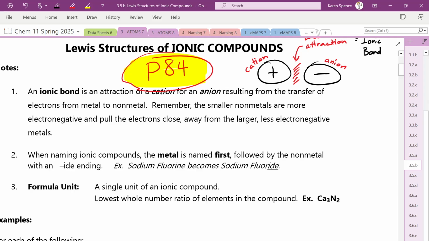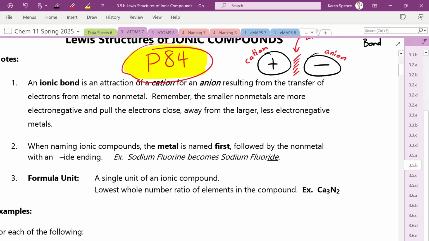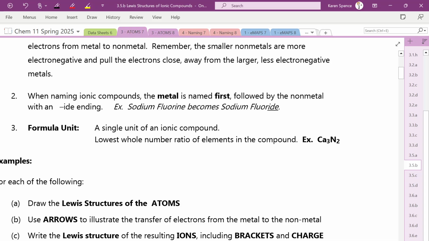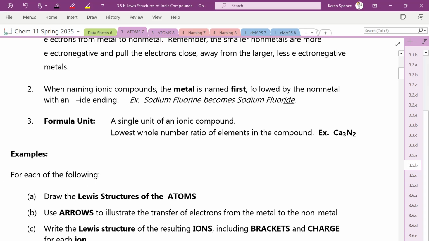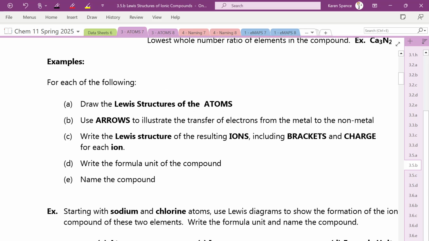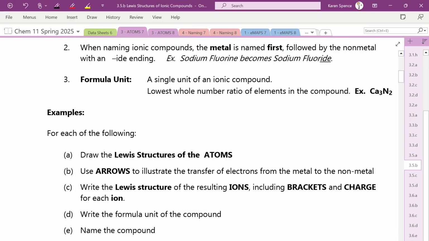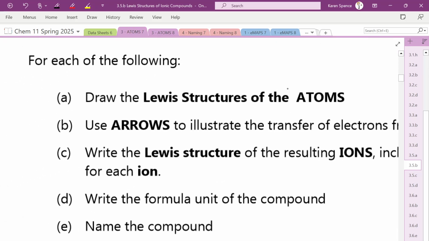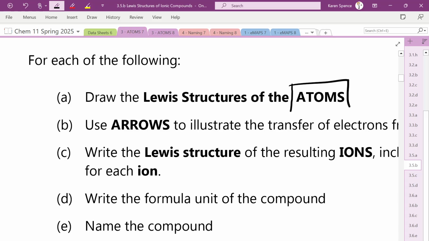Okay, we don't need to worry about naming because we've already done naming because we're doing unit 3 after 4. What we're going to do is show the formation of ions from their atoms, okay? So we're going to show the formation of an ionic bond. And what we do is we start with the atoms. We draw the Lewis structures of the atoms.